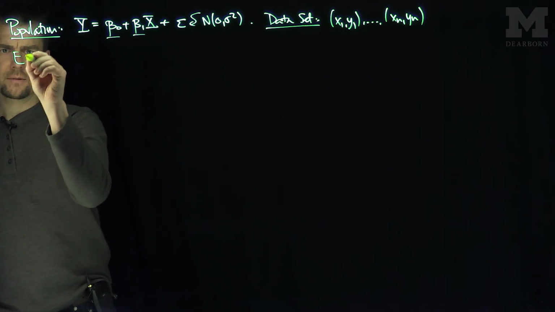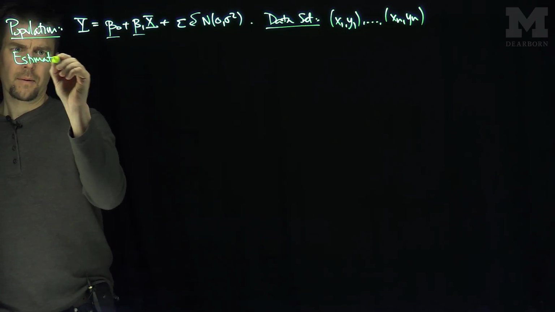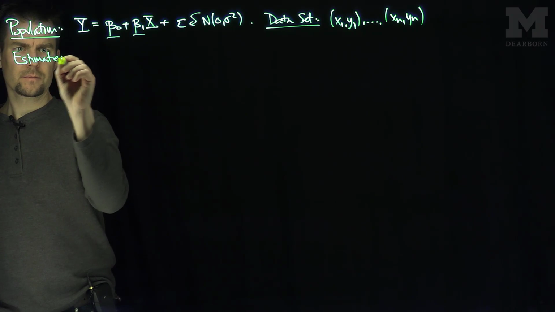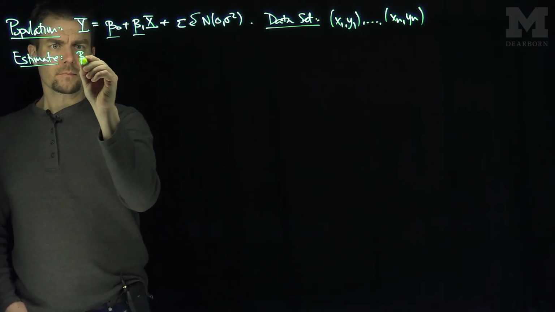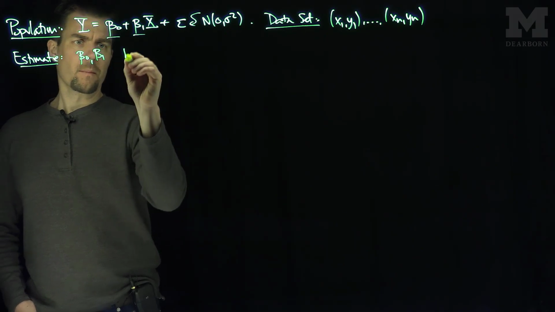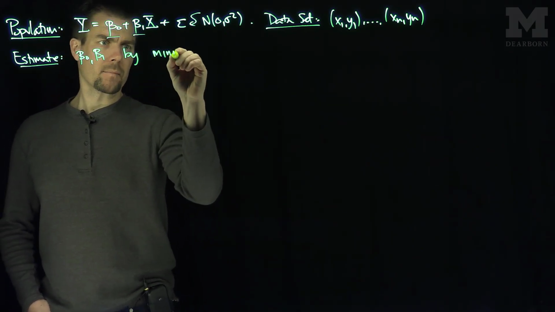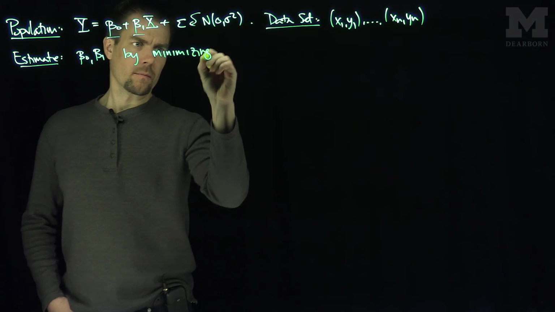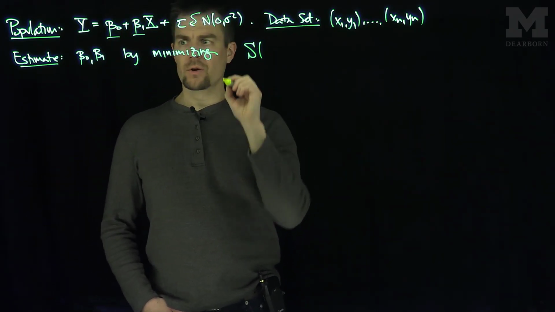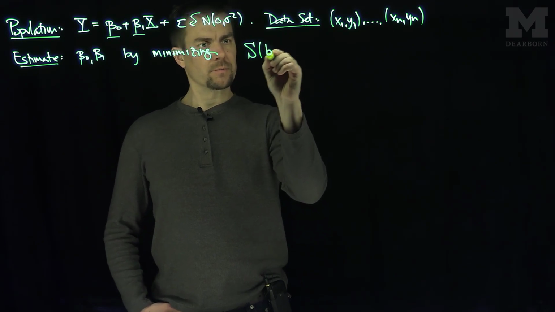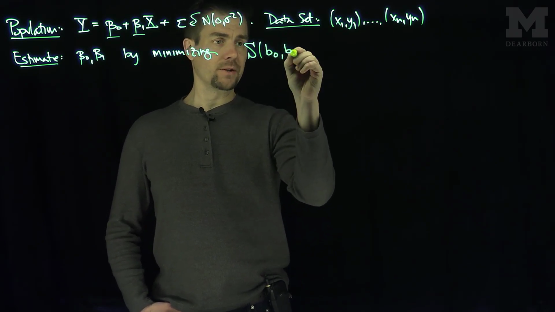So we estimate beta 0 and beta 1 by minimizing this expression over here. I'm going to call this expression S, which is a function of two variables, b0 and b1.